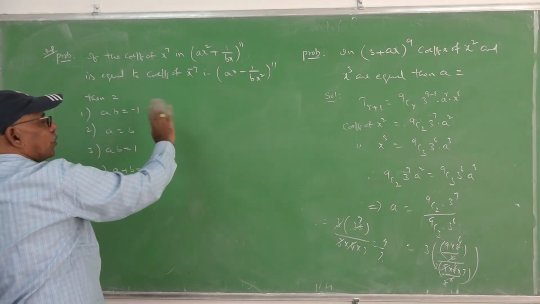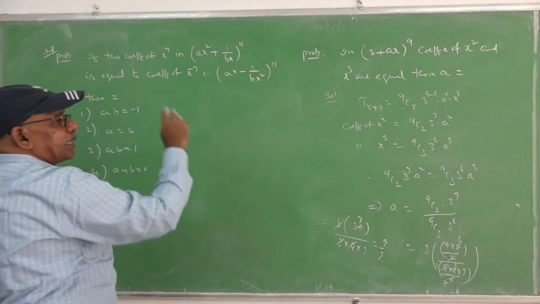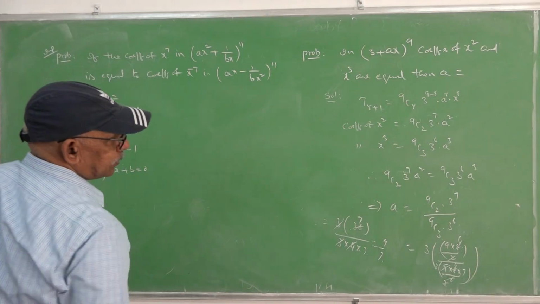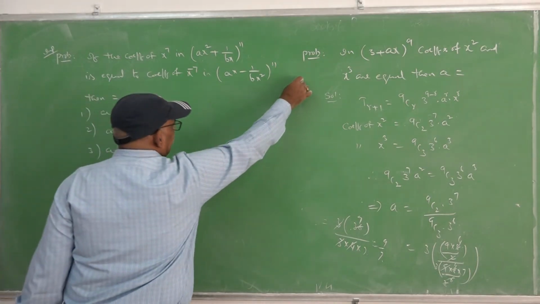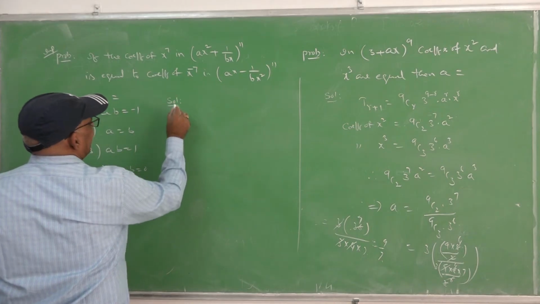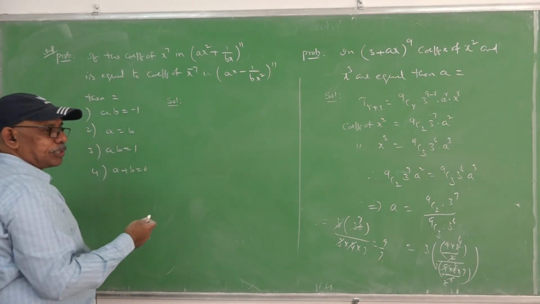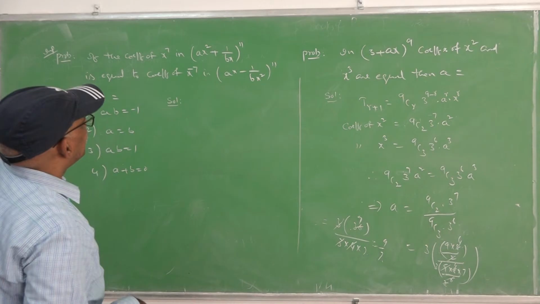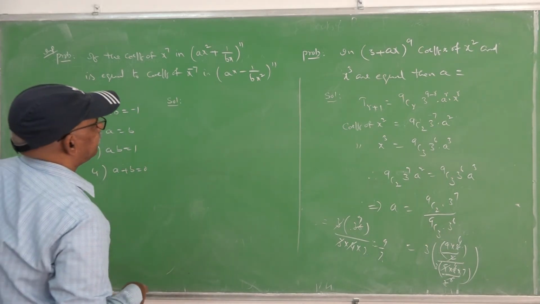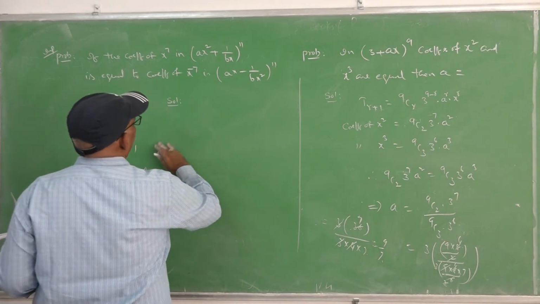So equating the coefficients of x power 7 and x power minus 7, we get a relation between a and b. That is the procedure. Taking this as a note point, it is easy to get the term in which the required power of x exists.